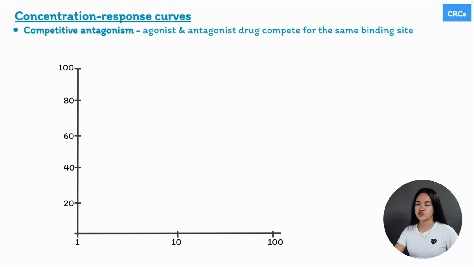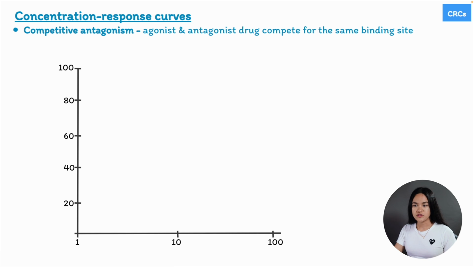If you have high concentrations of the agonist drug in the system, it can outcompete the competitive antagonists and bind to the receptors. This allows for enough activation of the receptors to achieve a maximum response in the cell, tissue, or system, even in the presence of the competitive antagonist. By increasing the concentration of the agonist, you can overcome the effects of the competitive antagonist. Okay?